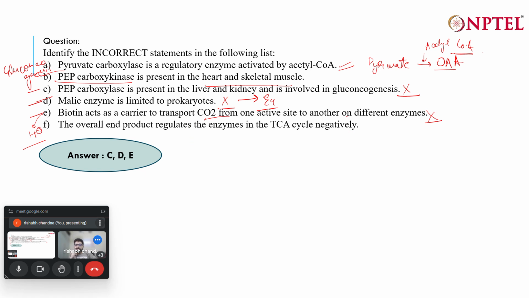So yes, this is correct. Okay, because the TCA cycle is actually a regulated process. So all the end products, that means carbon dioxide, ATP, NADH, all these regulate the enzymes of the TCA cycle. Okay, so option C, D, and E are the incorrect answers.